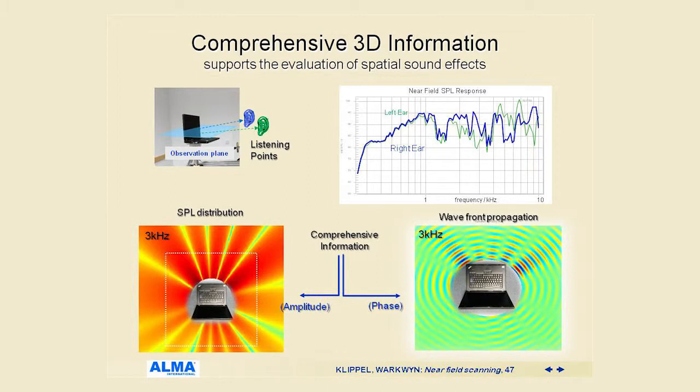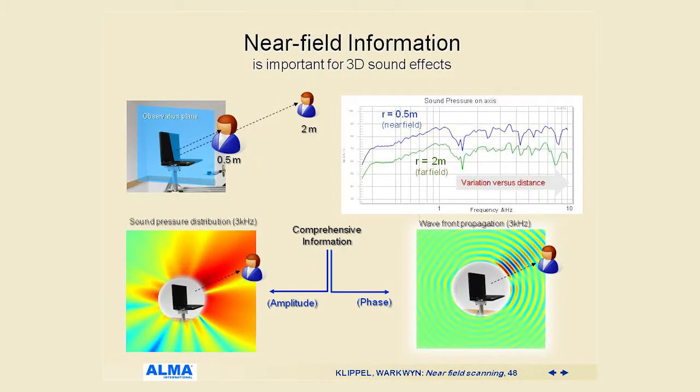And it's windowed within an observatory plane. And we get the comprehensive information. We get amplitude, SPL distribution at 3 kilohertz, and we also get phase. We can actually see the phase changing at 3 kilohertz. Near field information is important for 3D sound effects.